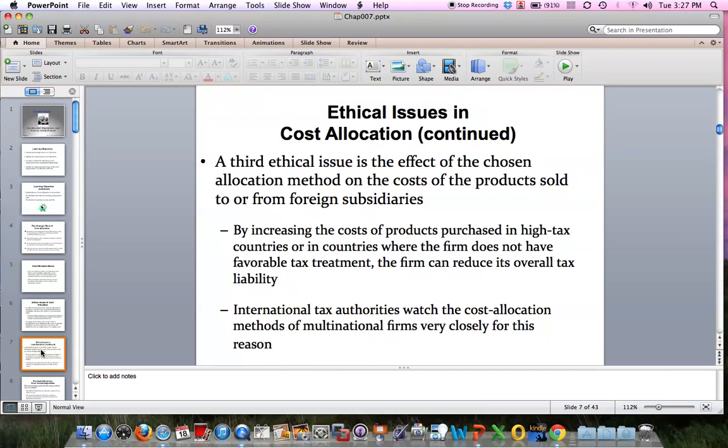Okay, of course, international authorities try to watch that also, especially if there's some regulation involved. So there's temptation to allocate costs to products sold overseas and products sold to governments because of some potential benefits by doing that, as opposed to products that are sold on the competitive market.